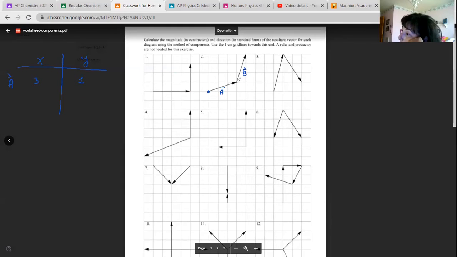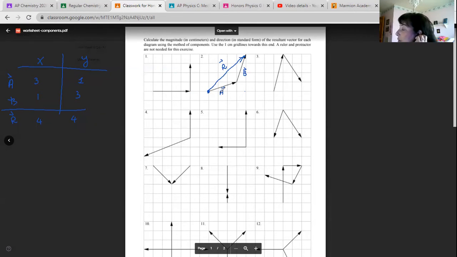B has component 1, 3. This is B. So the resultant is going to be the vector that has component 4, 4. So 4, 4 has to end there, which we already know because it's the one that starts from the origin and ends at the end of the track. So this is going to be your vector R.